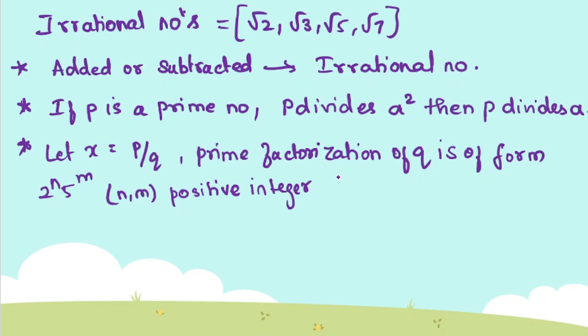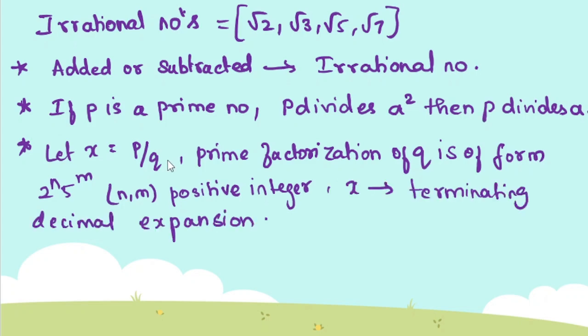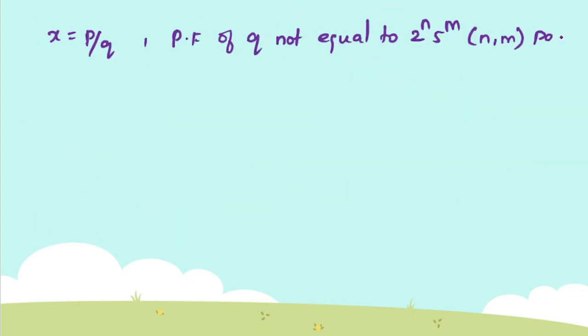So if the same, you are going to consider x is equal to P by Q, and the prime factorization of Q is not of the form 2 to the n, 5 to the m, where n and m are positive integers, then what can we say?